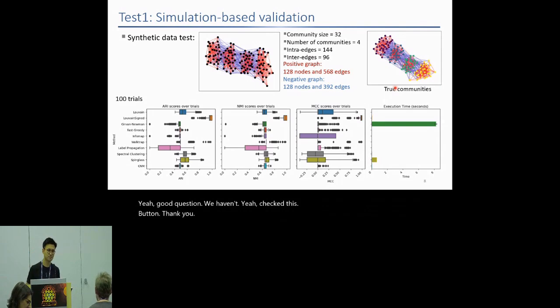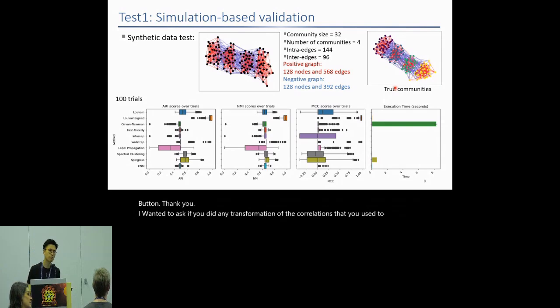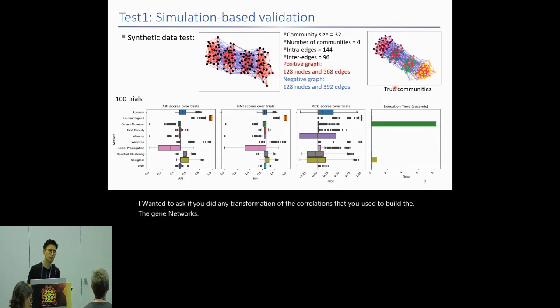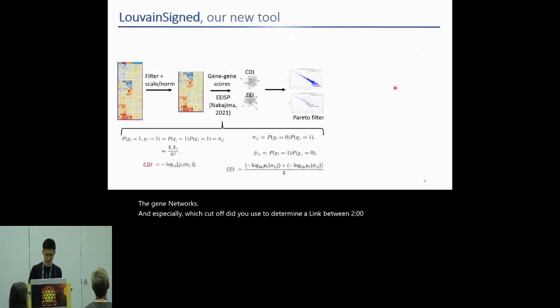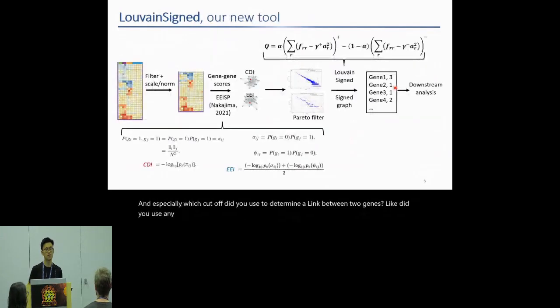I wanted to ask if you did any transformation of the correlations that you use to build the gene networks, and especially which cutoff did you use to determine a link between two genes? Like, did you use any number greater than 0 for the positive correlation and any number below 0 for the negative?